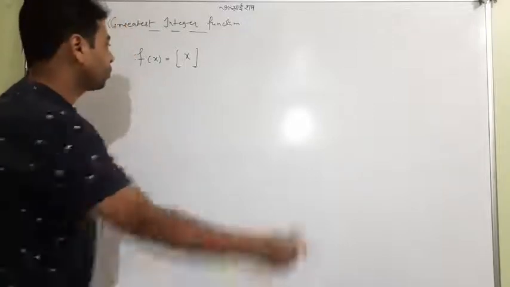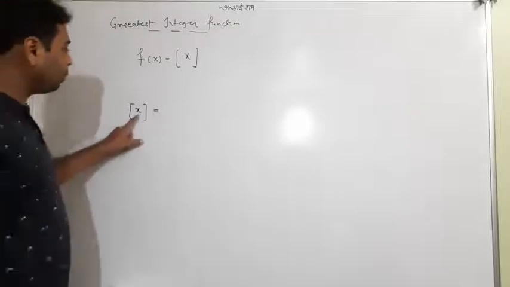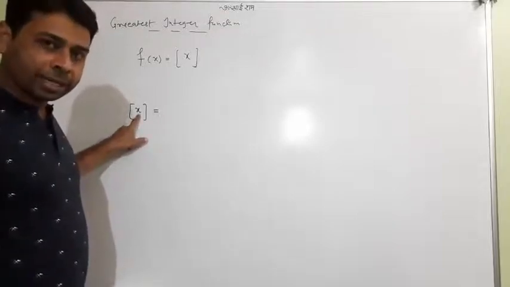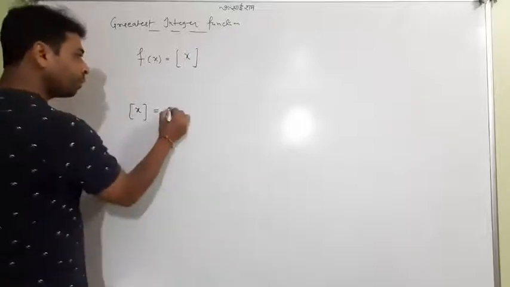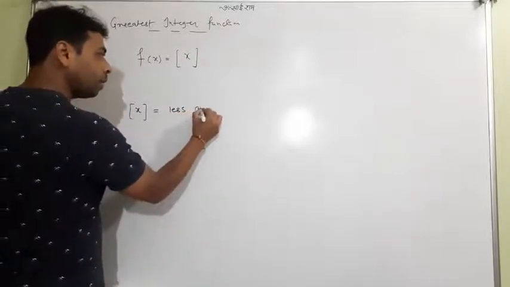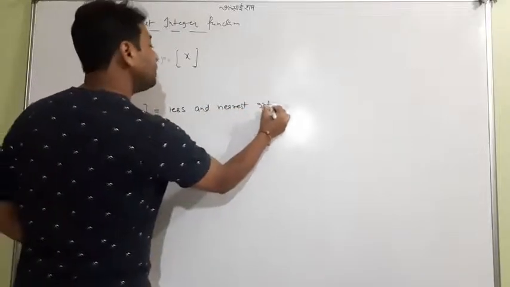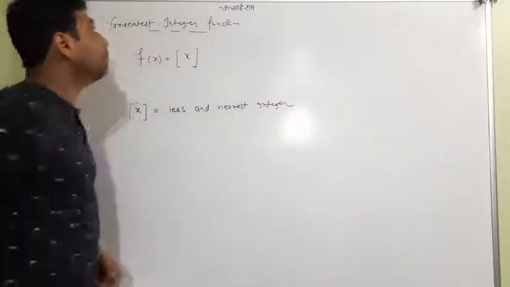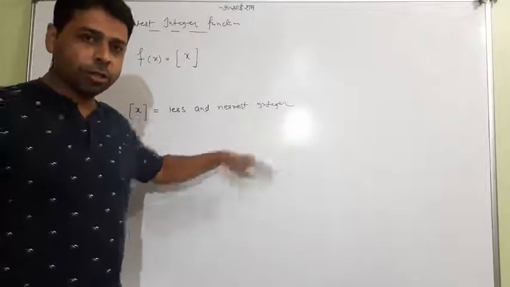In rough work, whenever you put x, it gives an answer. What does it give? It will give the less and nearest integer. Try to get it: less and nearest integer.